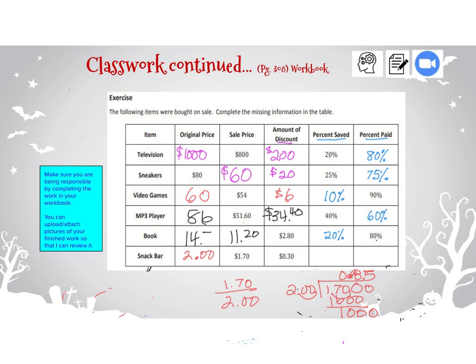So because of this decimal, it's 85 hundredths. So what that equals is 85%. Because to get percent, I bump it over 2 places, like the 2 digits in 100. So if it's 85% I paid, then that means 15% is the amount that was saved.